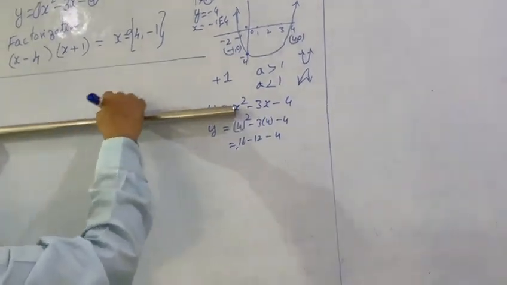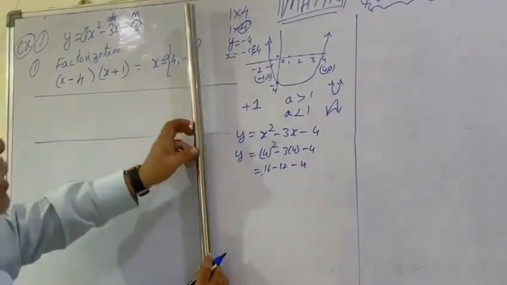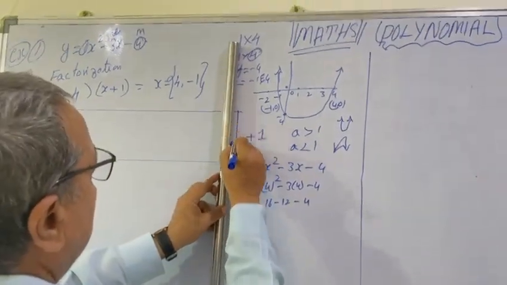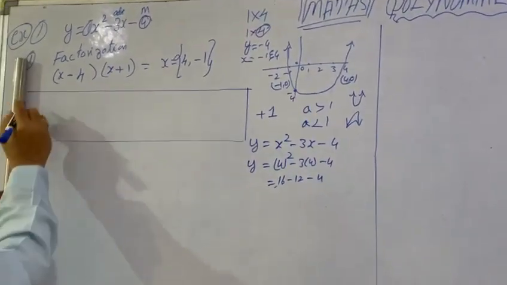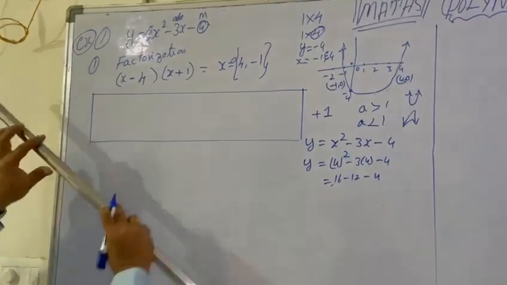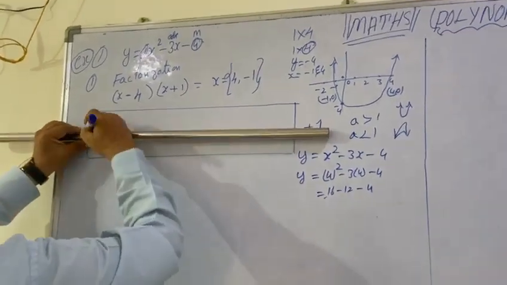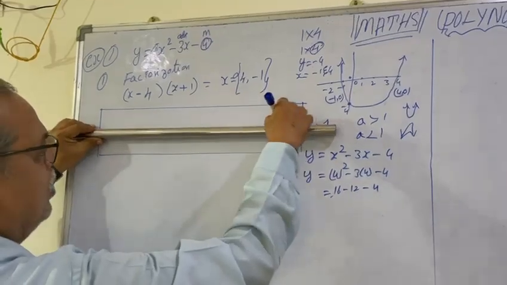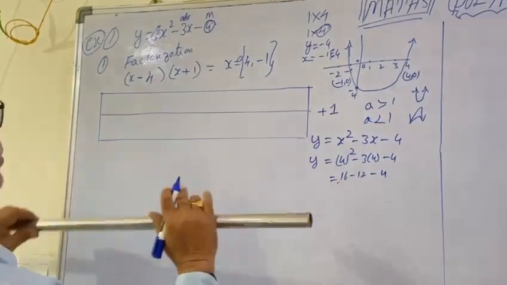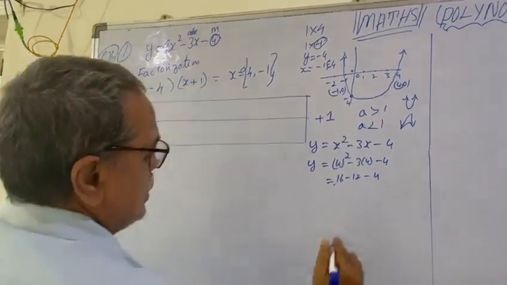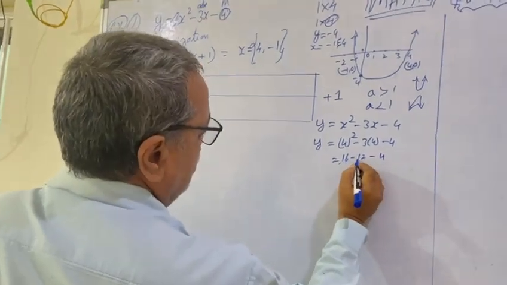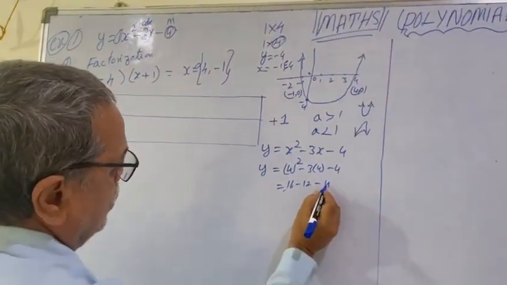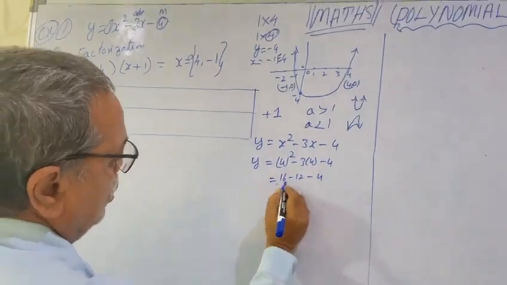For that, you will have to make a table of x and y. Above you will have to draw x, below you will have to draw y. Suppose what you have taken? Plus 4. But you will have to take minus 4 also. 16 minus 12 minus 4 is equal to 0.